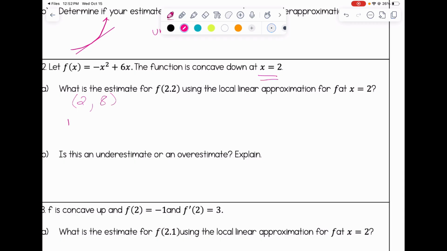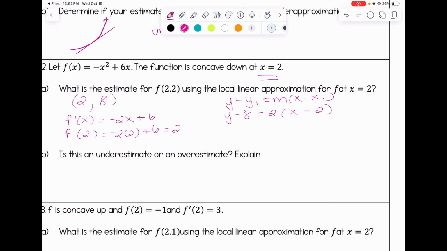Then I also have to find the slope. f prime of x would be negative 2x plus 6, and I want to evaluate that at 2, which gives me an output of 2. Let's look at point-slope form: y minus 8 equals 2 times x minus 2.